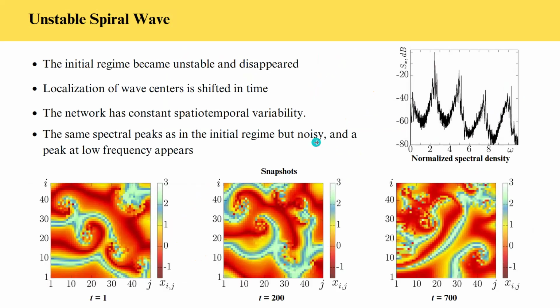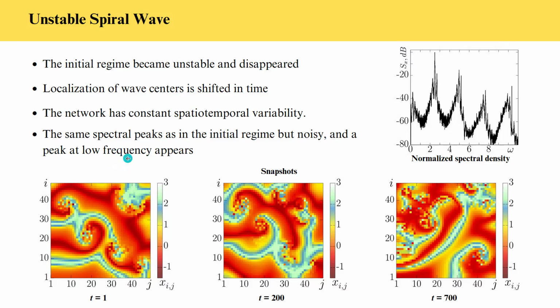The unstable spiral wave regime actually represents the initial chimera pattern. The initial spiral wave chimera pattern loses its stability as soon as the pulse is applied, and the unstable spiral wave regime appears.